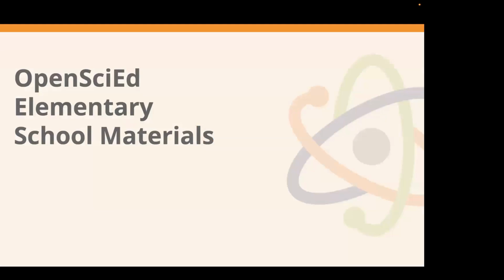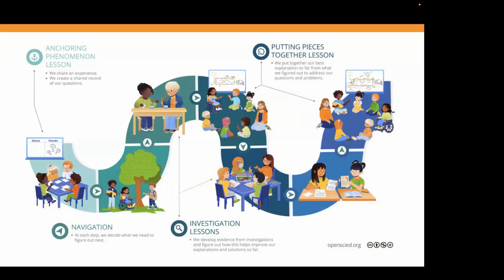So a little bit about our materials. So first, we use a storyline model to develop all of our units. And that means that we start off with an interesting anchoring phenomenon, a question that students will want to answer. And we follow that question and do research and observations and do reading and do lots of work together to figure out what is happening in whatever that phenomenon is.